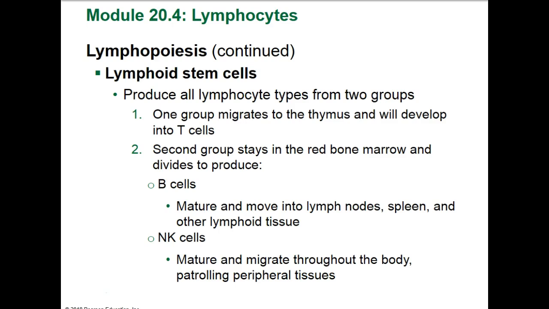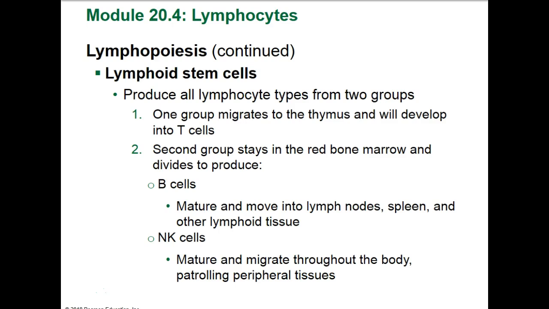Anybody want to make a guess why we call them B cells? Bone marrow. So bone. Not a bad guess. Actually, it's because we discovered them in this organ in birds called the Bursa of Fabricius. So that's not going to help you very much. But just remember bone and B cells.